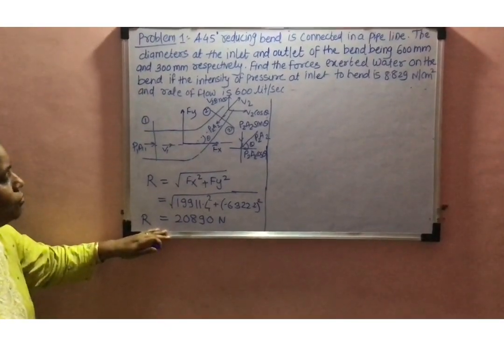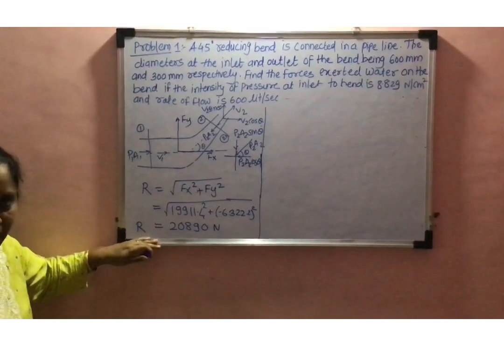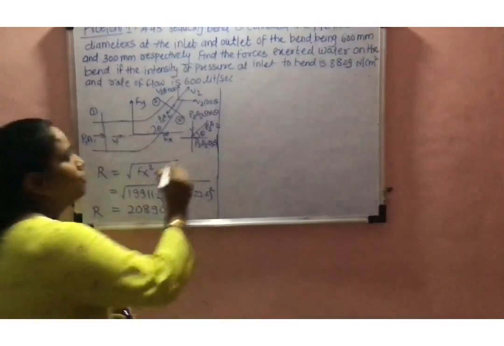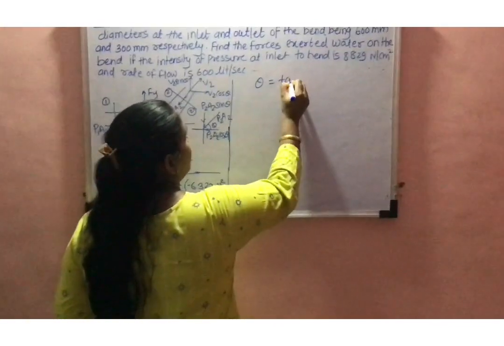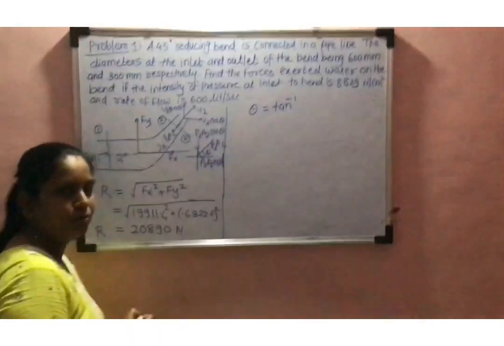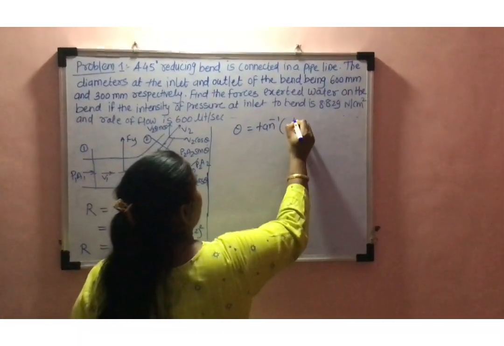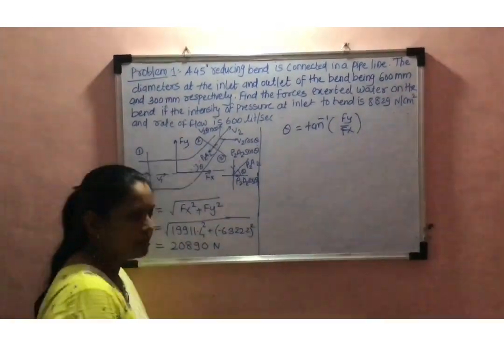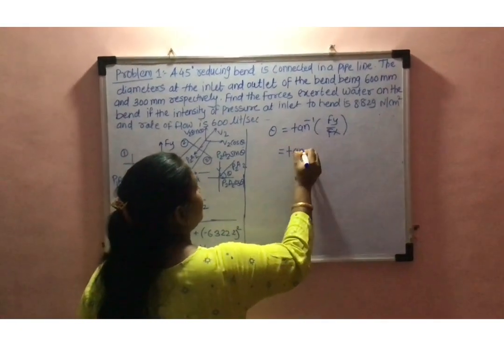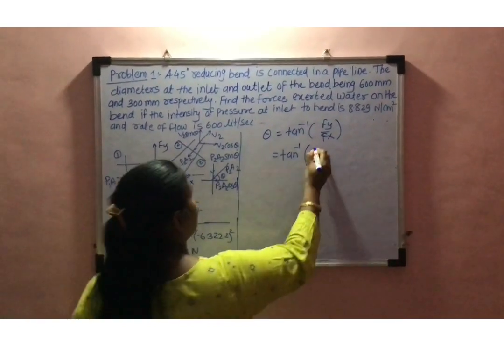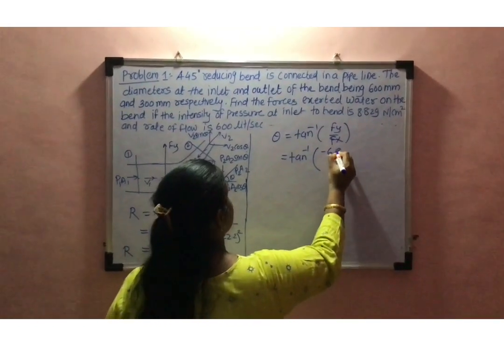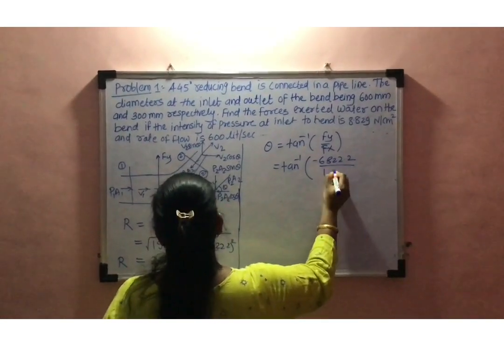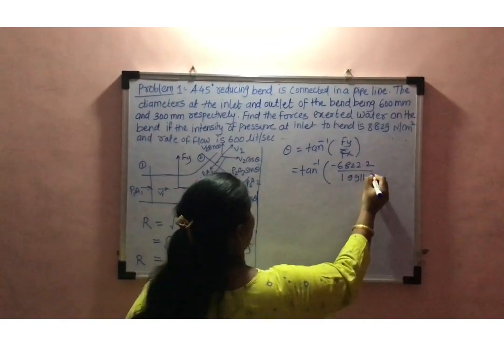Now this resultant force makes how much degree of angle with the horizontal. So we have to find out that also. From this formula, theta is equal to tan inverse of Fy upon Fx. Now I will put the values here. Fy is equal to 6322.2 upon 19911.4.